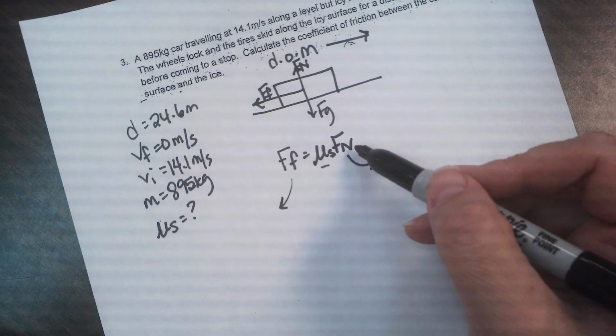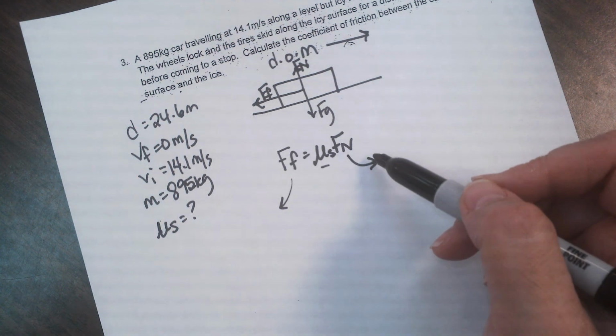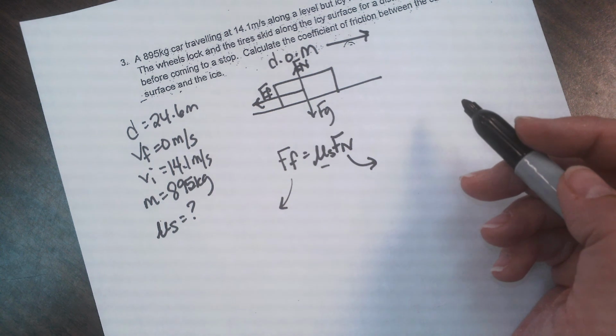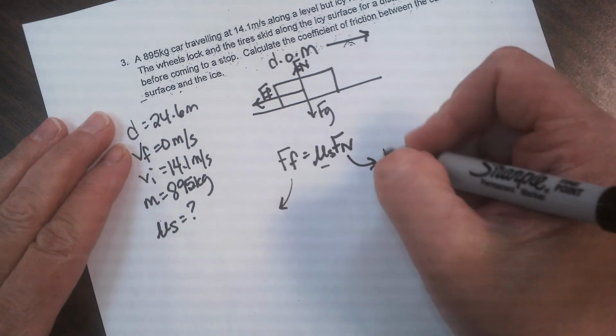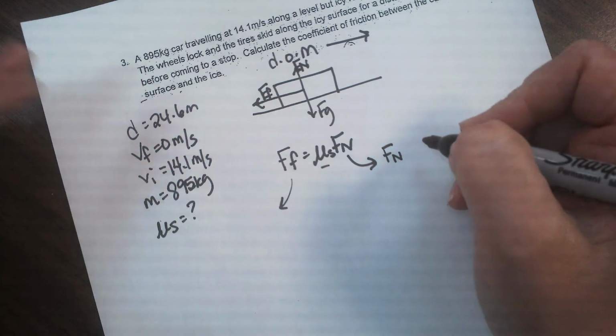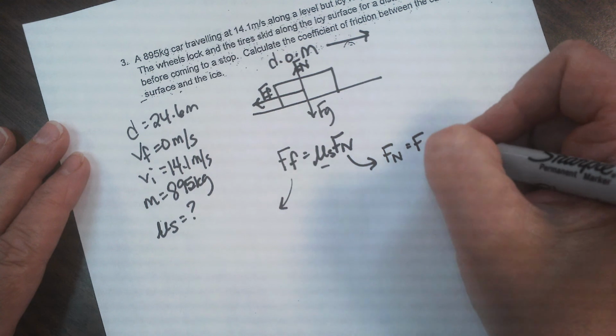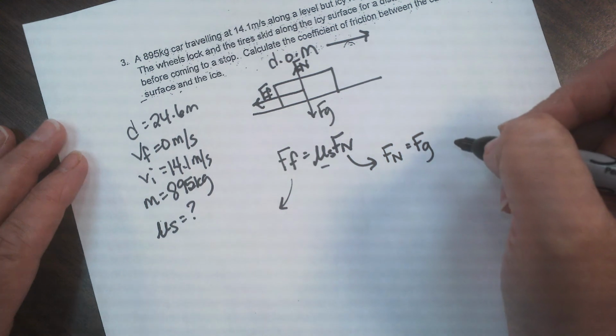How do we solve force normal? This is always the easier one. This object is not levitating and it is not going through the ground. So that means force normal, all the forces are balanced. So force normal must be equal to force gravity, right?